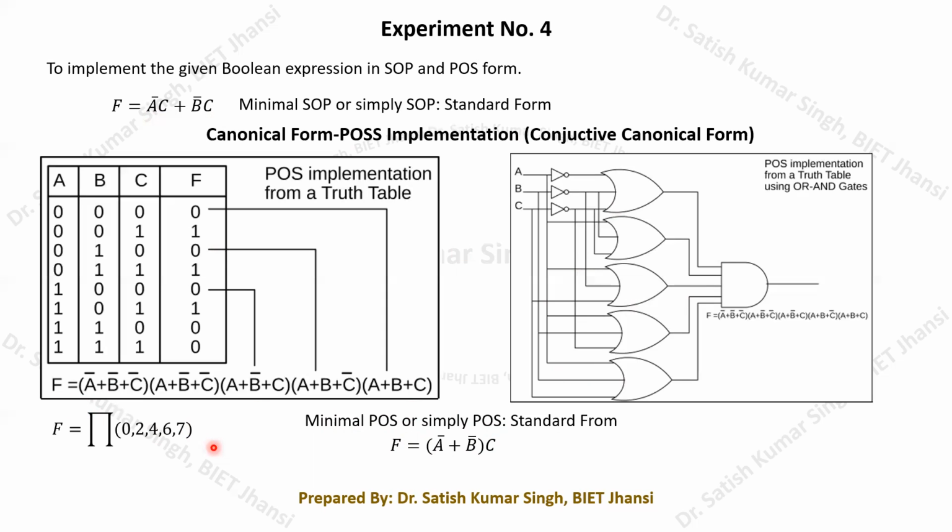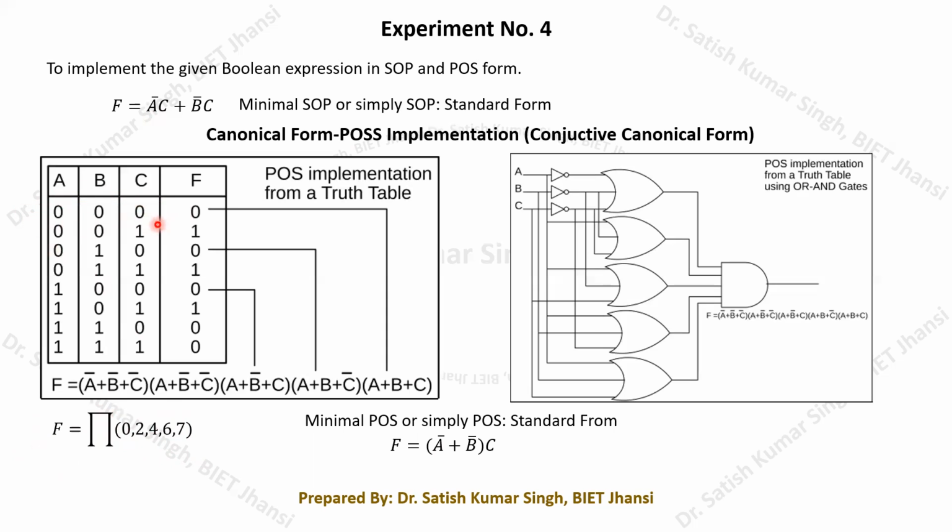So let's start this implementation on the MultiSim. This is another way of representing the same thing. This function f can also be represented by this sign, which represents the product of these max terms, and these max terms correspond to 0, 2, 4, 6, 7. This 0 represents the equivalent decimal number.